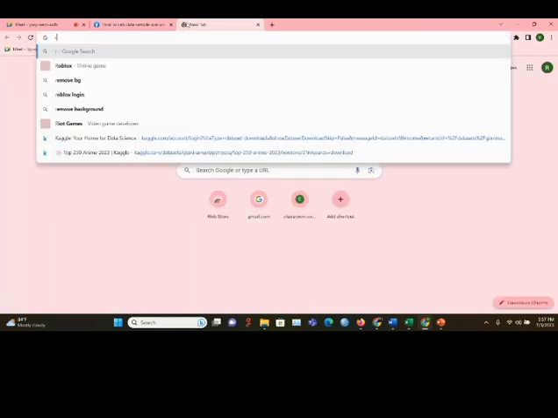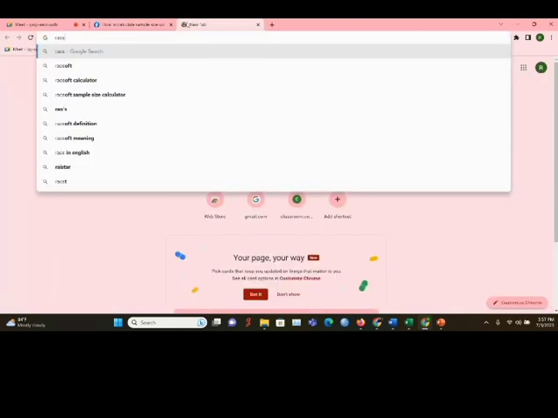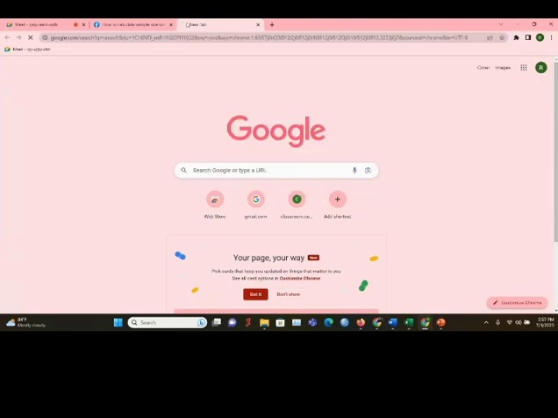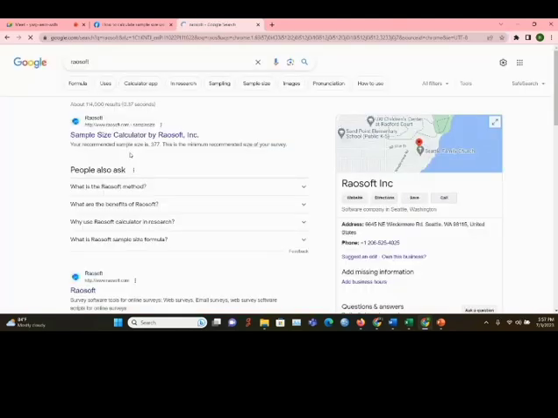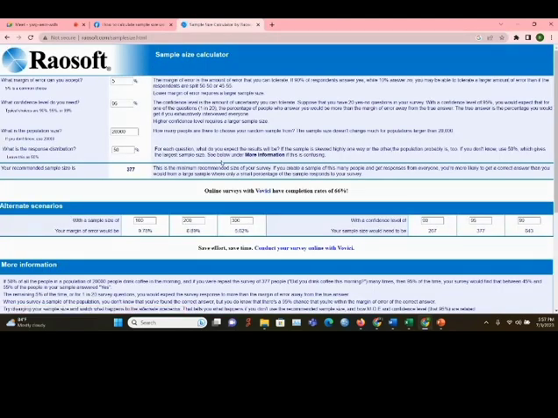There's also a site we call the Raosoft sample size calculator. This is reliable and really follows the Krejcie and Morgan formula.